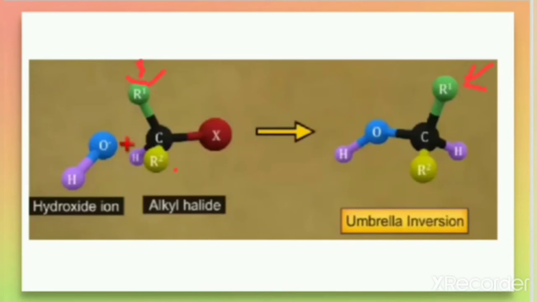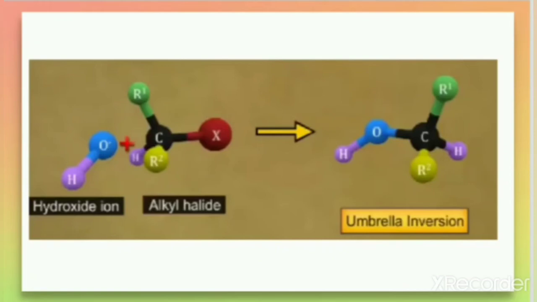And the position of R2 is also changed. The position of H is also changed. That means during a reaction, when the configuration around the stereo center gets inverted, such a case is called a reaction proceeding by inversion of configuration.